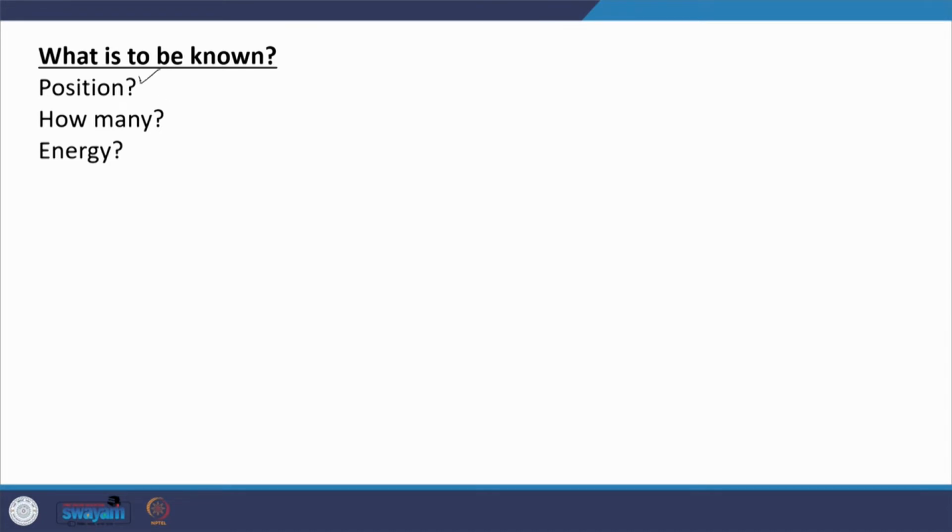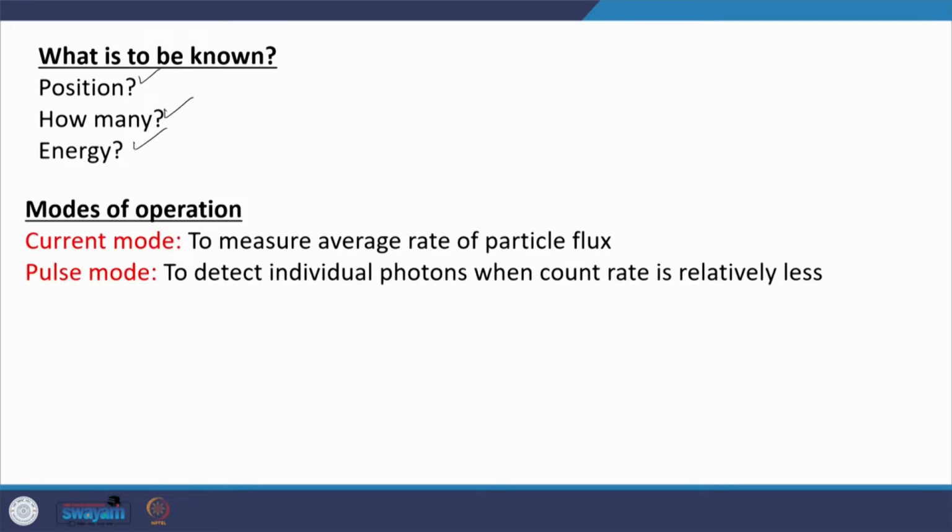Most of the time you want to see how many particles are emitted from the nuclear reaction, and what is the energy of the particle emitted during the nuclear reaction. In how many modes can the detector work? In general, we can divide into three types: current mode, pulse mode, and mean square voltage mode, which is not very useful for our purpose. So, even for nuclear astrophysics, normally we prefer pulse mode.